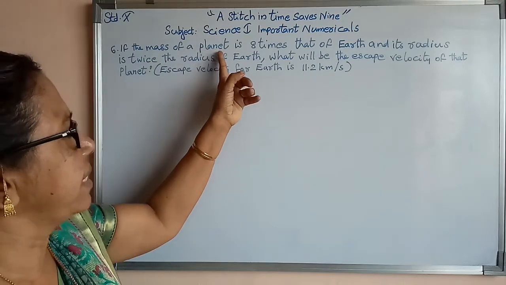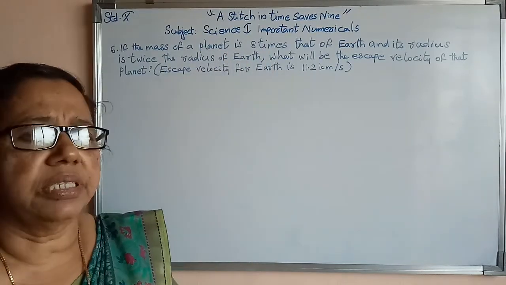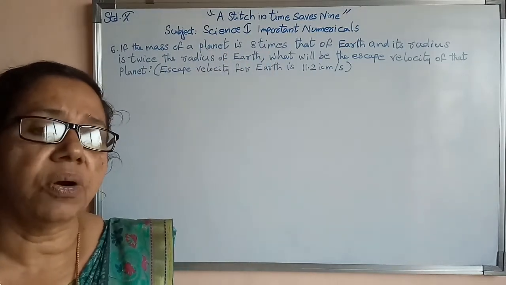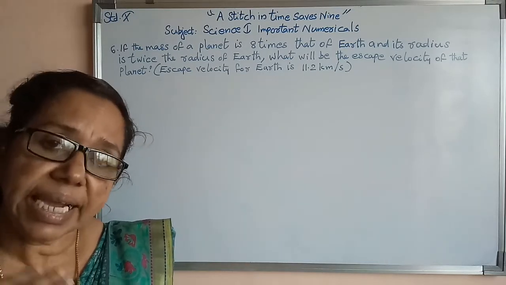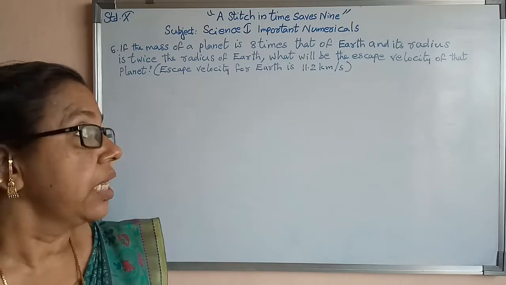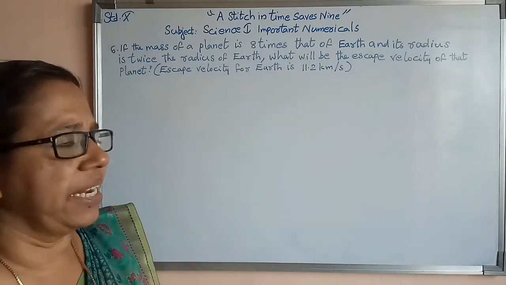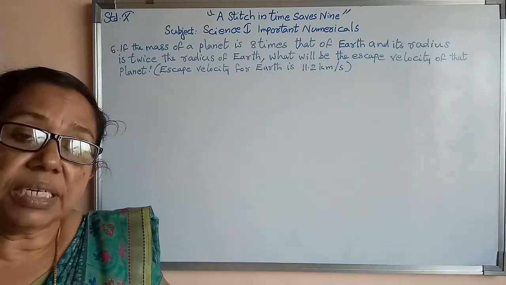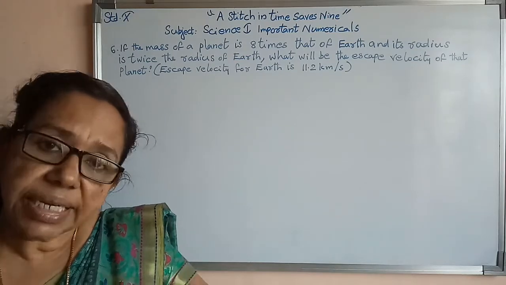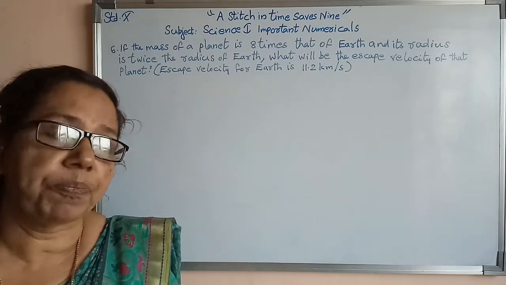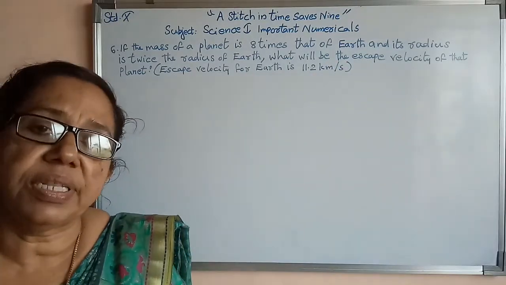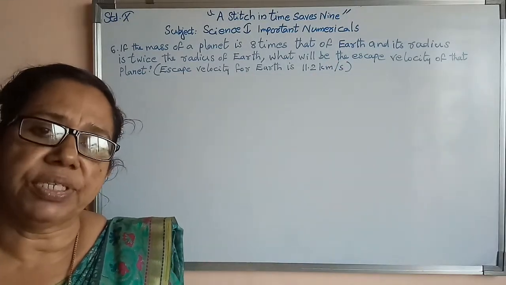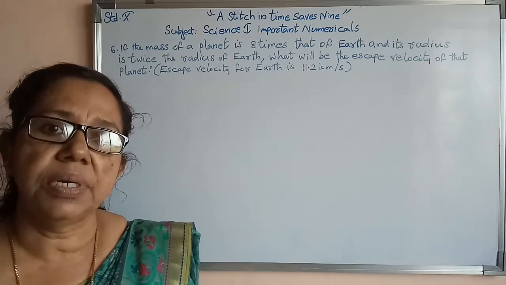Mass of the planet is 8 times mass of the Earth. Radius of the planet is 2 times the radius of Earth. Then you have to find out the escape velocity of that planet. Escape velocity of Earth is given. Let us begin now.